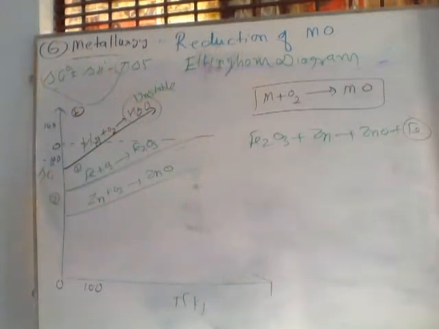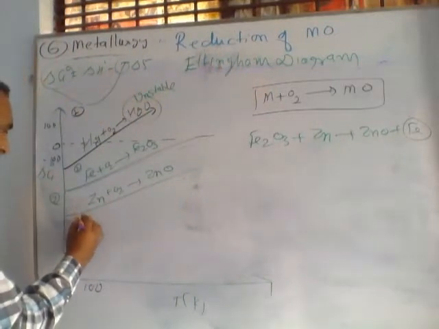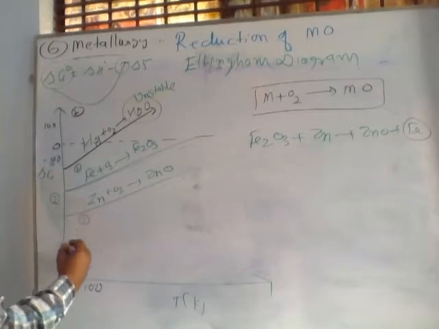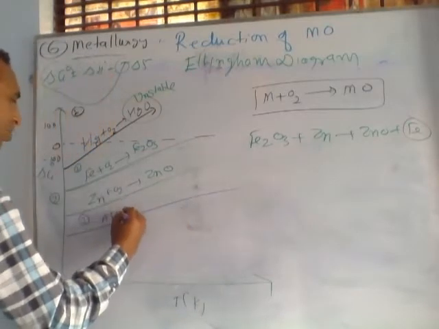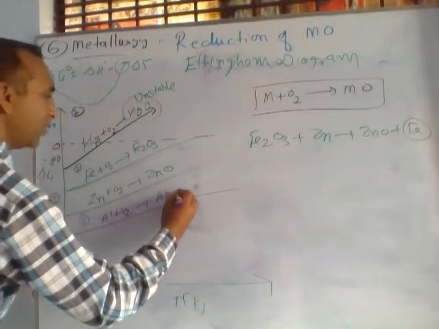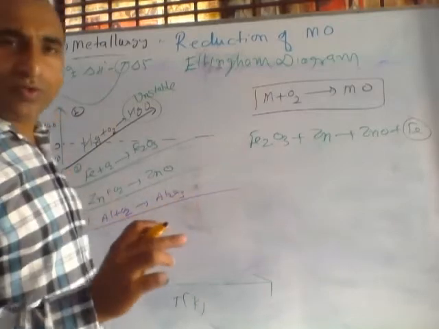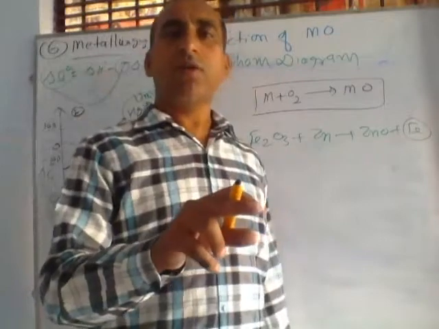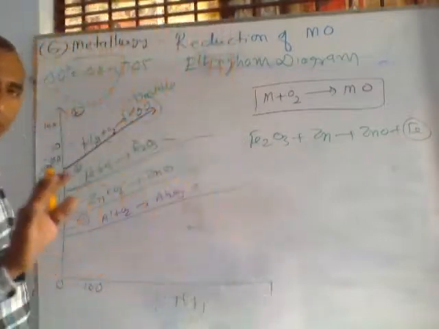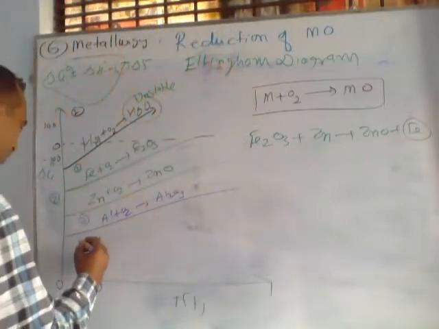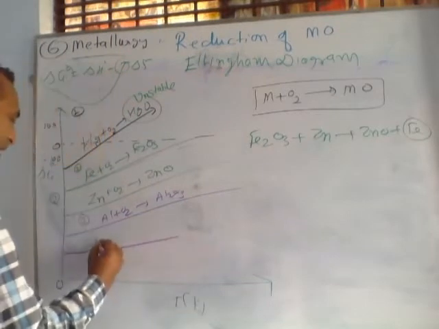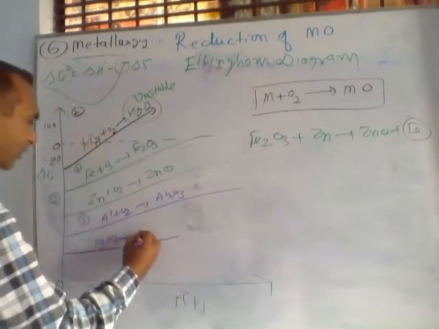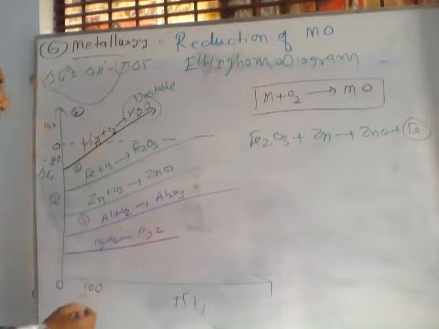Next, the third point. Suppose this is aluminium reacting and forming Al2O3. It means aluminium can reduce zinc and also iron from their oxides. Here, this is for magnesium, forming MgO.